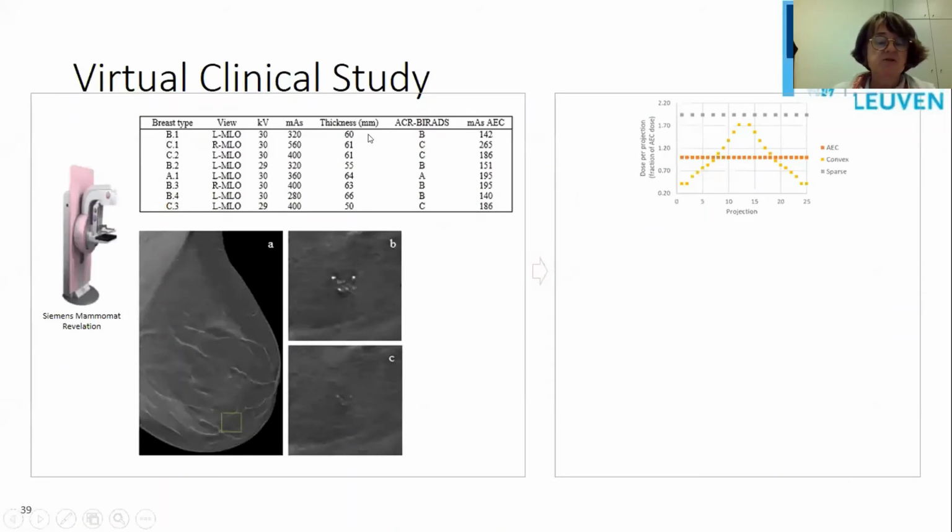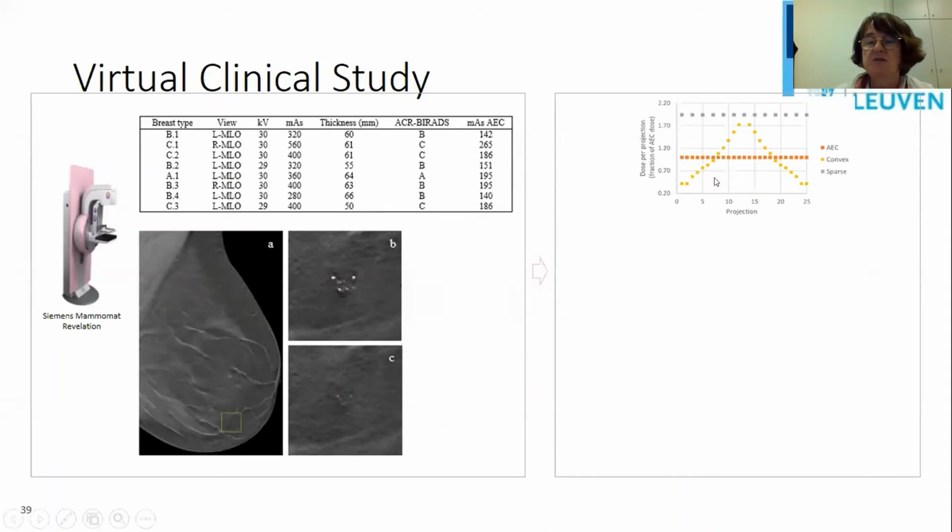So the virtual clinical study was as follows. We started with 8 cases of tomosynthesis, of which we had the projections. She simulated calcifications into these projections and also masses. And then our question was not only to compare synthetic mammography to tomo, but also to see whether we could improve the synthetic mammography.